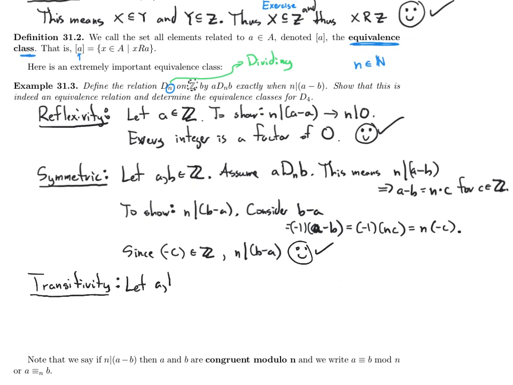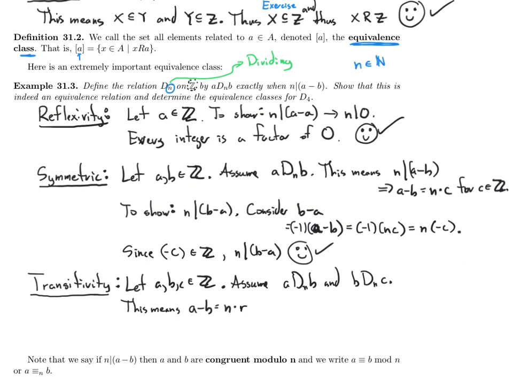We need three integers, A, B, and C. And now we're going to assume that A is related to B and B is related to C. So this means that n is a factor of A minus B, so I can write A minus B as n times, and I don't want to use C because I already picked C as a variable here, so let's use R, I guess, n times R.